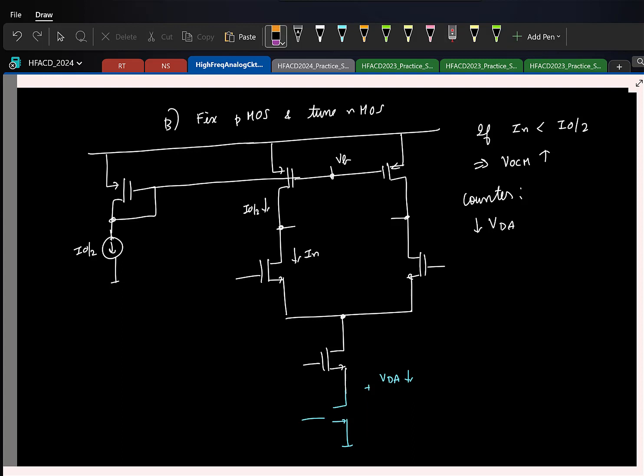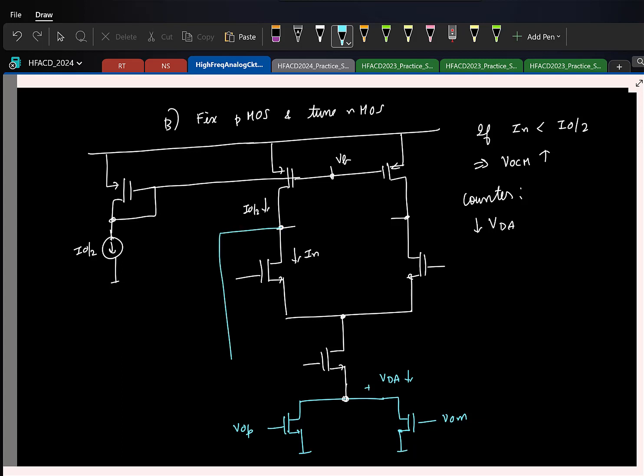So you can basically split this one transistor into two transistors like this. I'll feed in VOP here. Here. It's the same thing. So basically, let us say this is this.